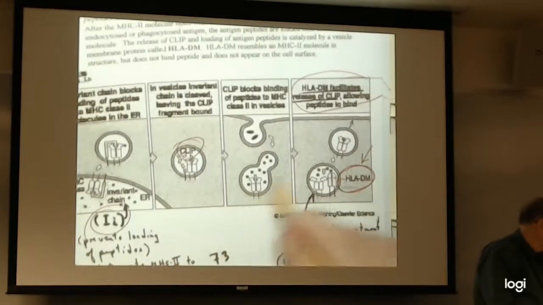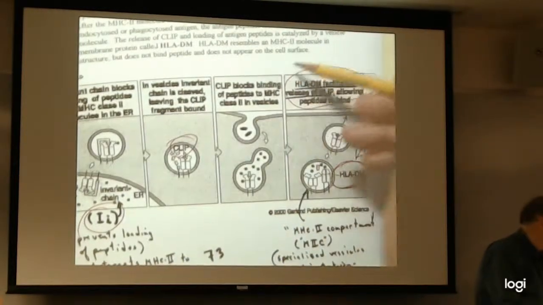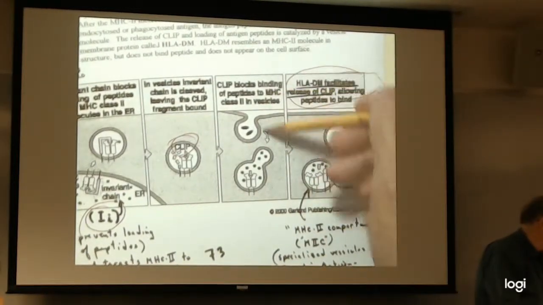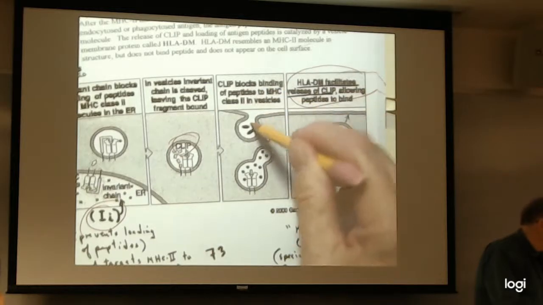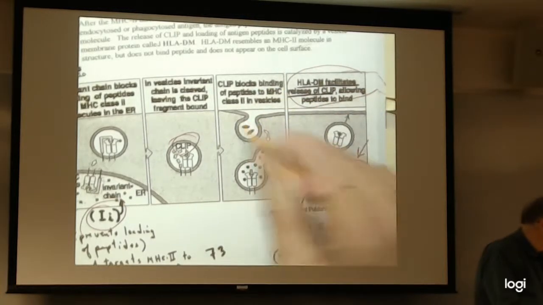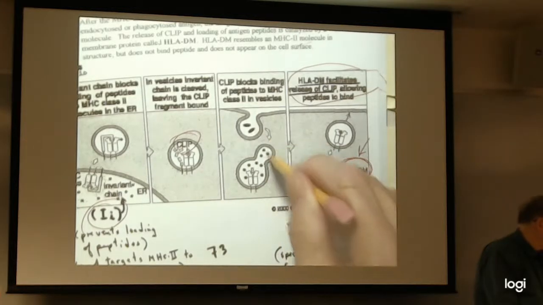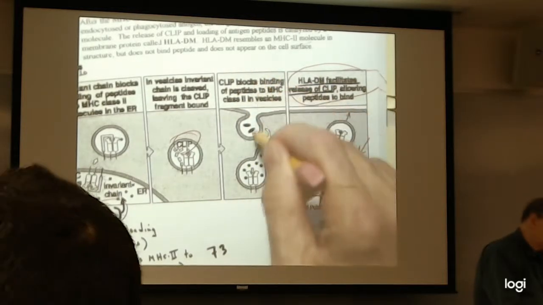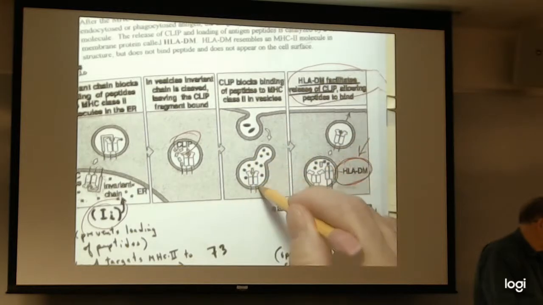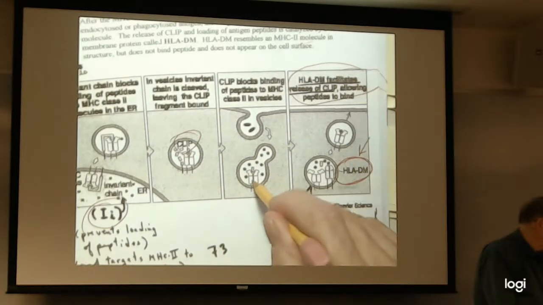And now we go deeper in, and now endocytosis or phagocytosis is bringing in outside world proteins or whole bacteria. They're being digested by the lysosomes, and now the peptides derived from the outside world proteins are now in the same compartment as the class 2 molecule.